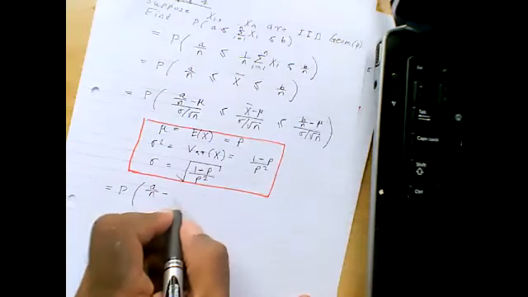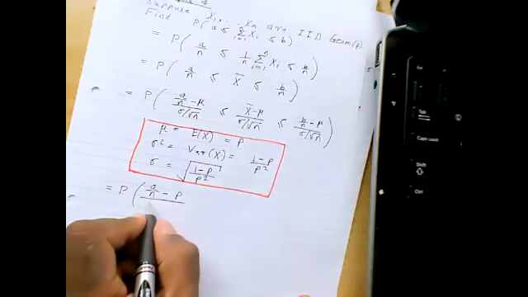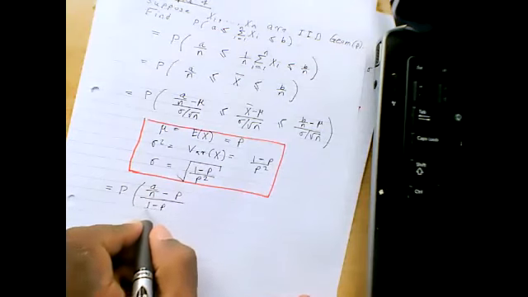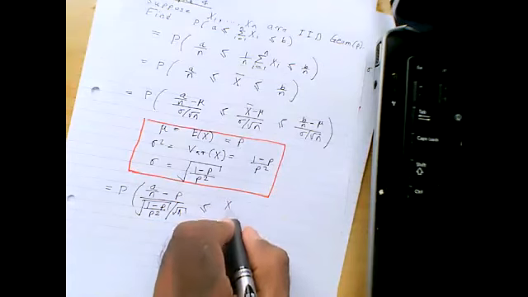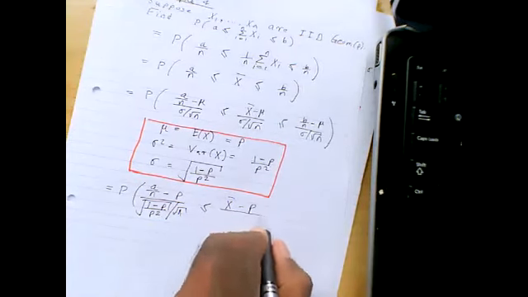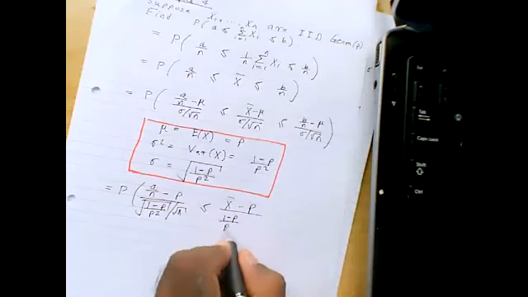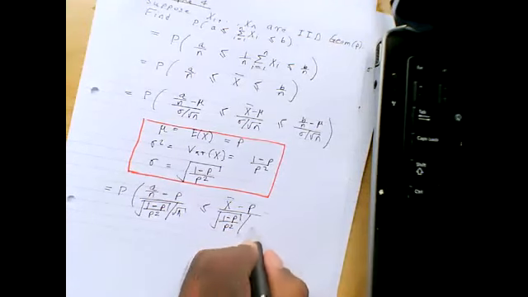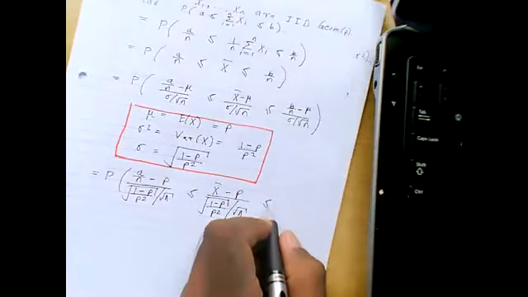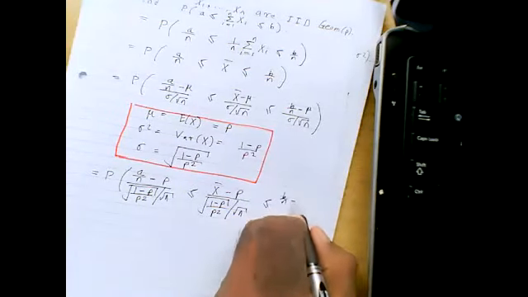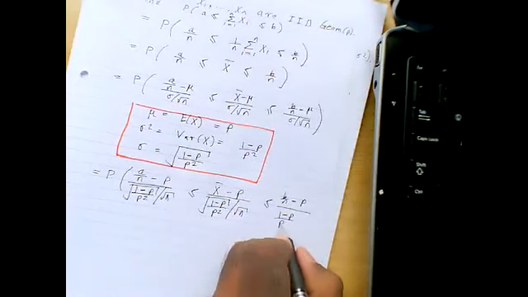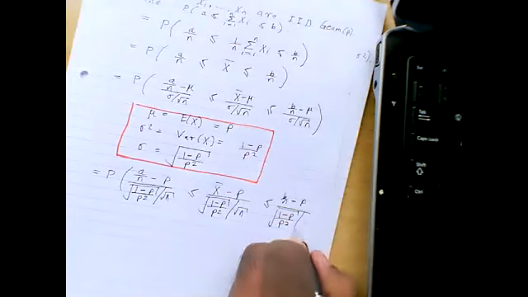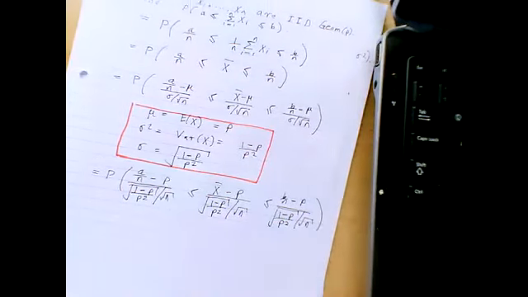So mu is p, sigma is... Okay, this is what you get.